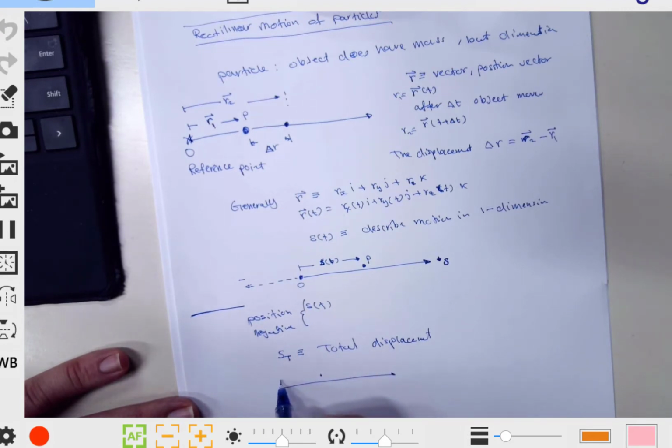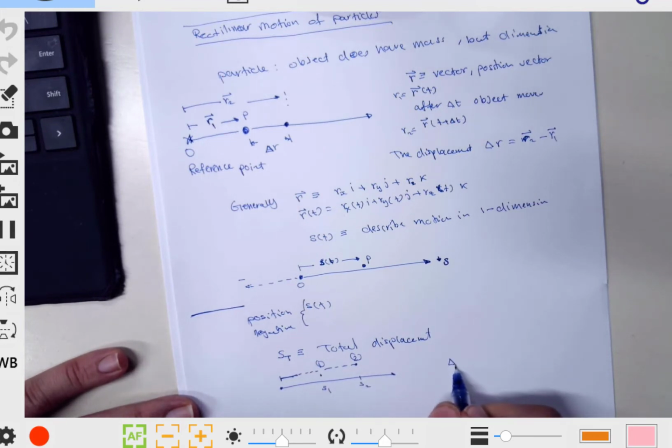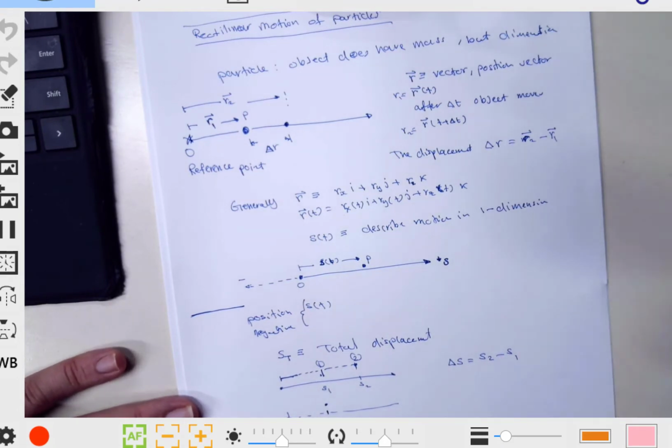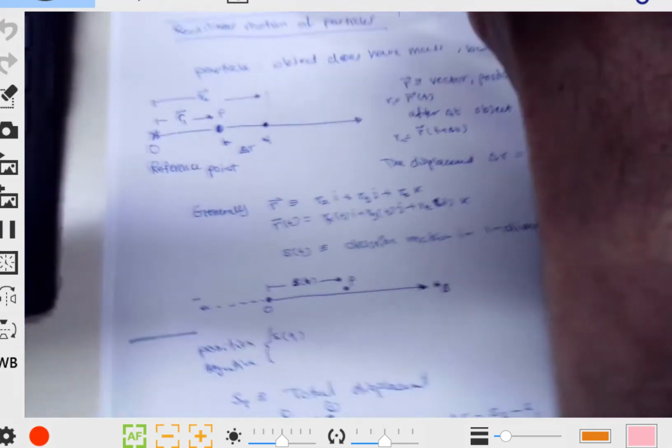Because if I ask you to find, if a particle has been traced to move from a location 1 to a location 2, and I ask you to find the displacement, then you say displacement is equal to S2 minus S1, which is this portion, right? But let's say I have another problem where I have a particle. I started tracking it at position 1, and let me bring this closer so we can see it.